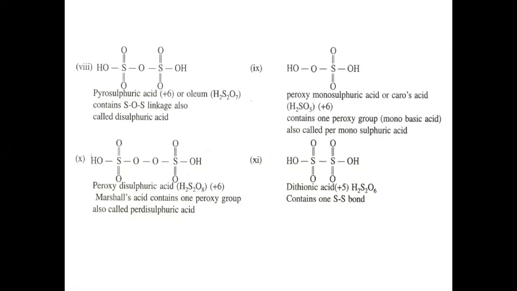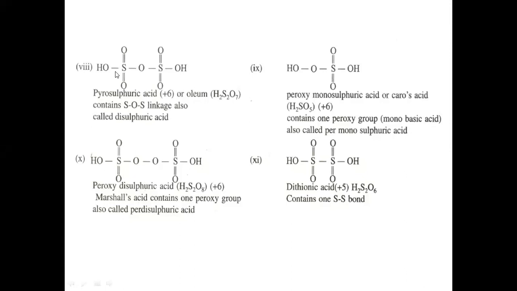H2S2O7. We are discussing H2S2O7. Yes, this structure. Pyrosulfuric acid. So this is a pyrosulfuric acid H2S2O7. This is also called oleum.